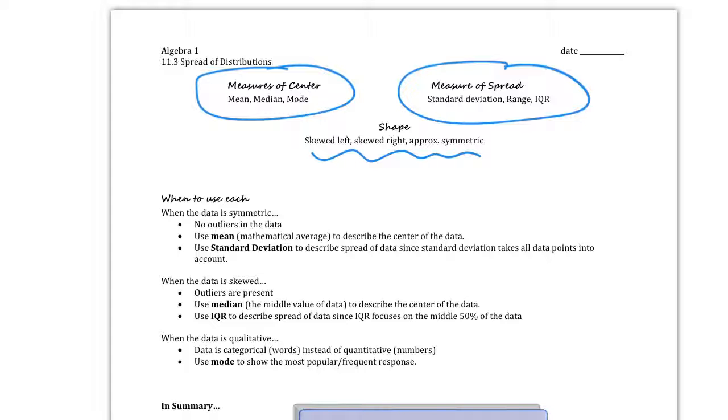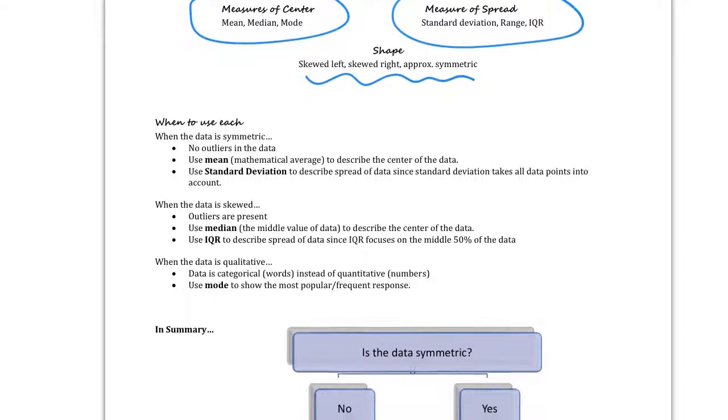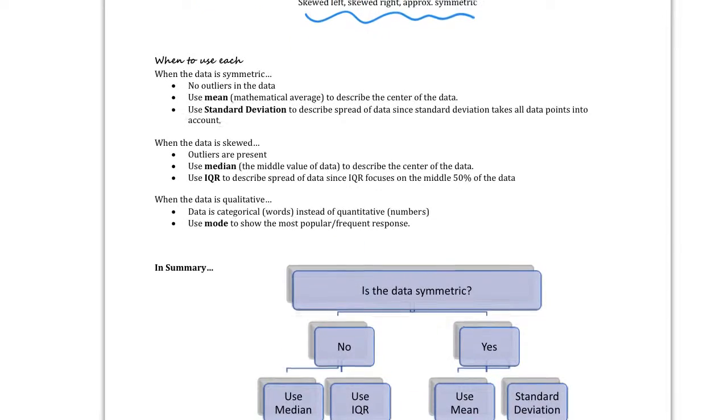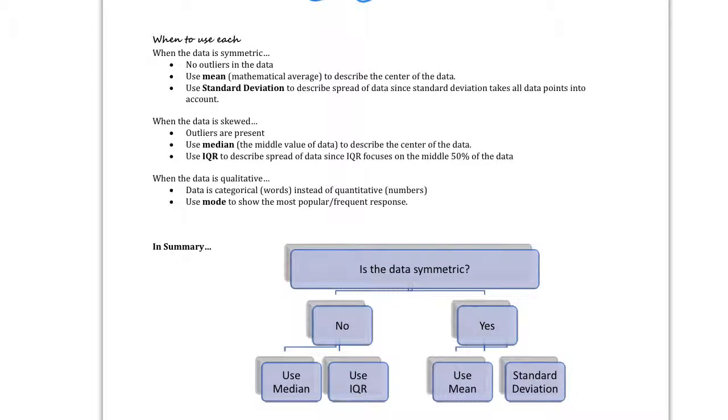So we've got this chart here at the bottom of this page about is the data symmetric, yes or no. When it's symmetric, that means there's not really any outliers. And if there's no outliers, then that means the mean and the standard deviation are pretty good. So we'll use those when there are no outliers, when the data is symmetric. If there are outliers, that's the second kind of section here.